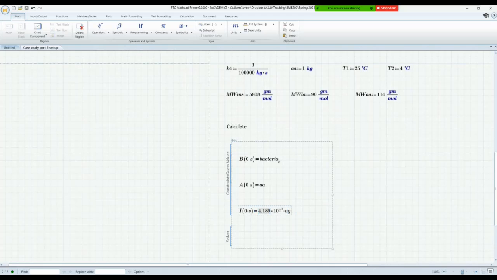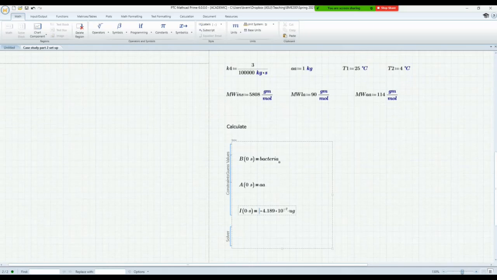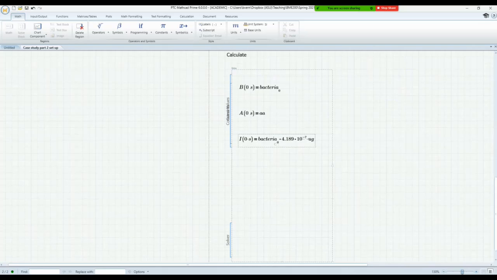That times the bacteria. Right? Where did the times bacteria go? So the initial number of bacteria times the amount of insulin per bacteria will give you the amount of insulin that's in your batch at the beginning. And then, oops.